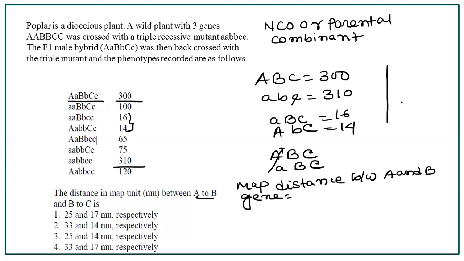Now if you arrange them, between A and B, what will be the progeny? Small a, small c, and the other is small b, capital A, capital C, right?